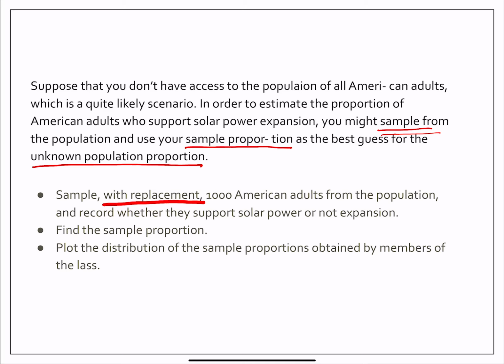And then we're going to record whether they support solar power expansion or not. And then we're going to find the sample proportion. So we say how many people did we sample in total? We sampled 1,000. Out of those 1,000 people, how many of them supported it? Okay, 200 people supported it. 200 divided by 1,000 gives us our sample proportion, right?